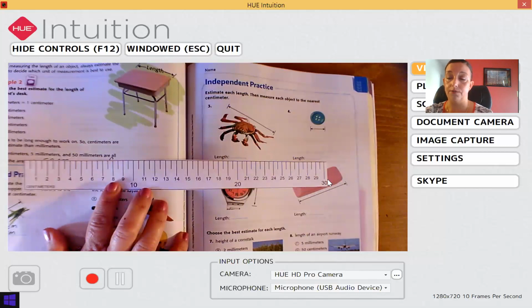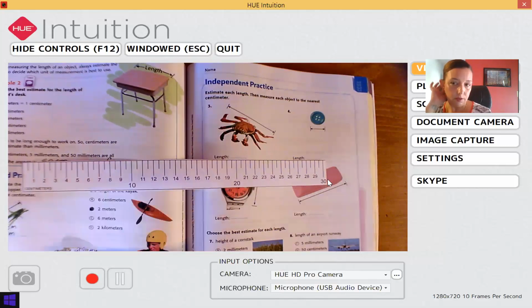Now, of course, if you don't have a printer, then you're just going to have to give us the estimate of how many centimeters you think it is, okay? And then you're going to do 778, answer the word problems. Make sure you send a picture to your teacher showing that you completed your work, okay?